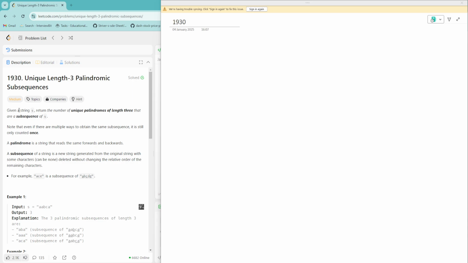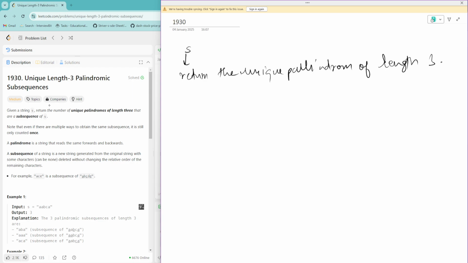So, given a string s, you need to return the unique palindromes of length 3 that are a subsequence of s.